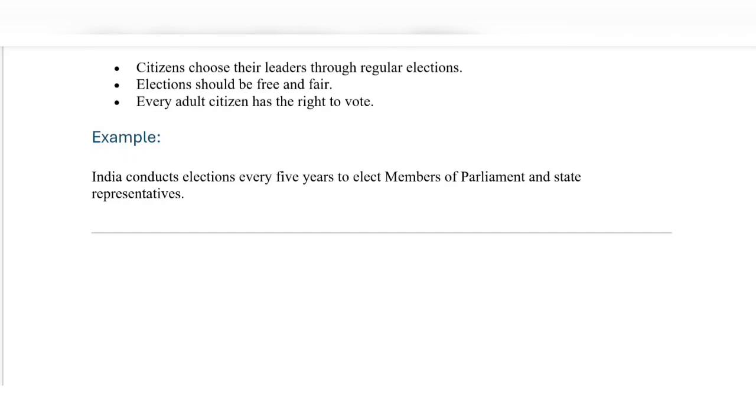When I say state representatives, I can easily recall the recent election, where there were four states where elections took place, and the result was declared by the Election Commission of India.